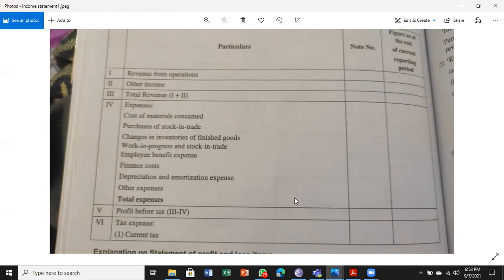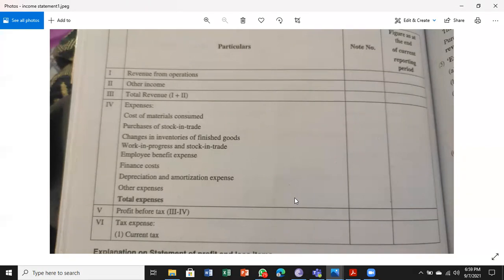Revenue from operation is the income received from sale of goods, sale of services. Then other income other than the sale of goods and sale of services. I'll explain that in detail.